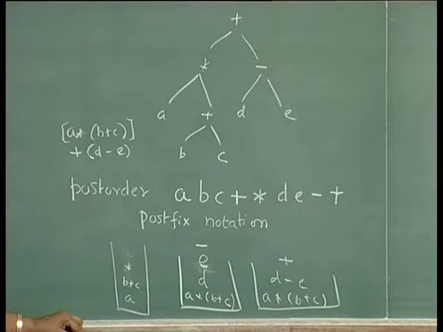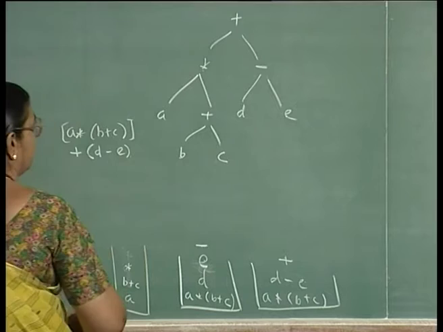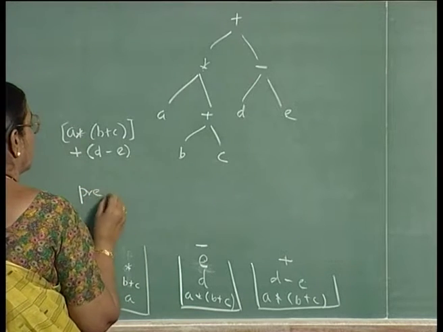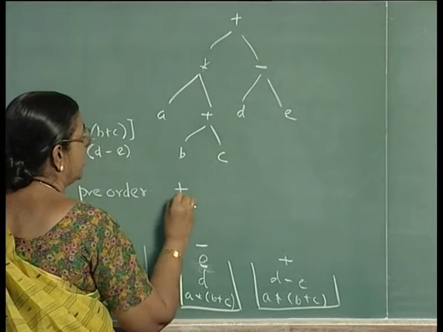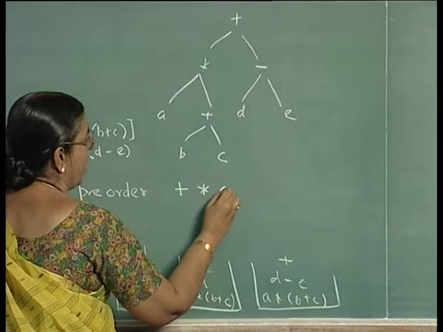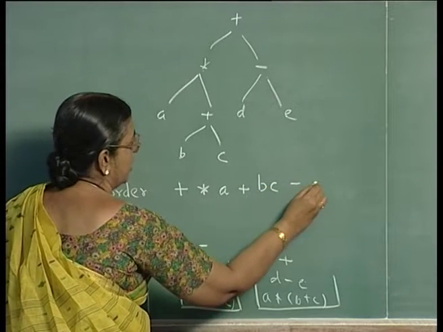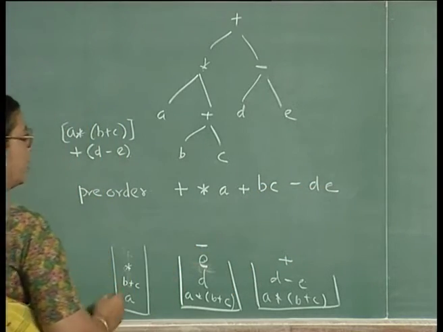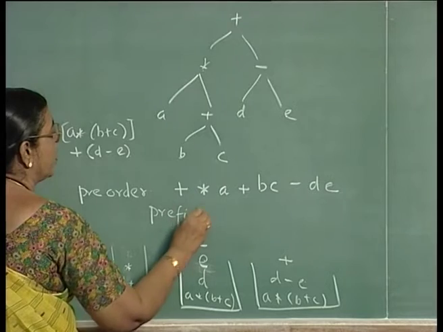This is what you get. This is the arithmetic expression and this is represented by this. Similarly, you can also have the pre-order way of representing that. So, in the pre-order way, if you represent the nodes, it will be plus star A plus B C minus D E. This is the order in which the nodes will be visited and this is called the prefix notation.